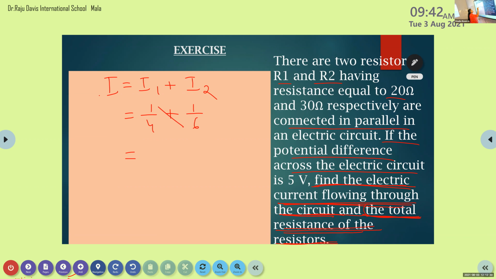Here you can either cross multiply or take the LCM. So 6 plus 4 divided by 6 into 4, that is 10 by 24 ampere. Is it clear?